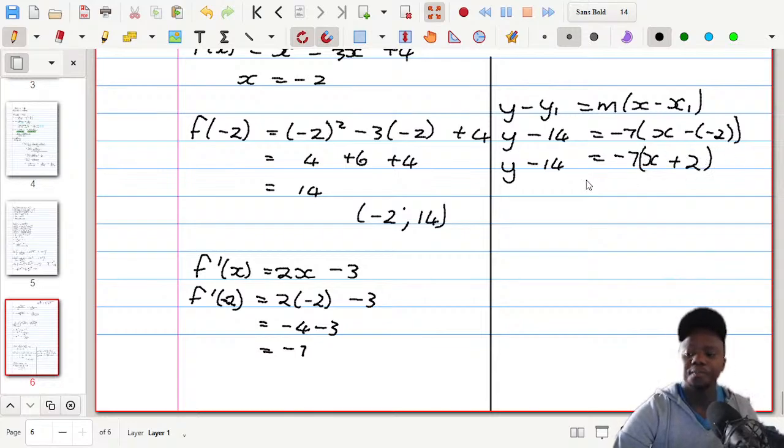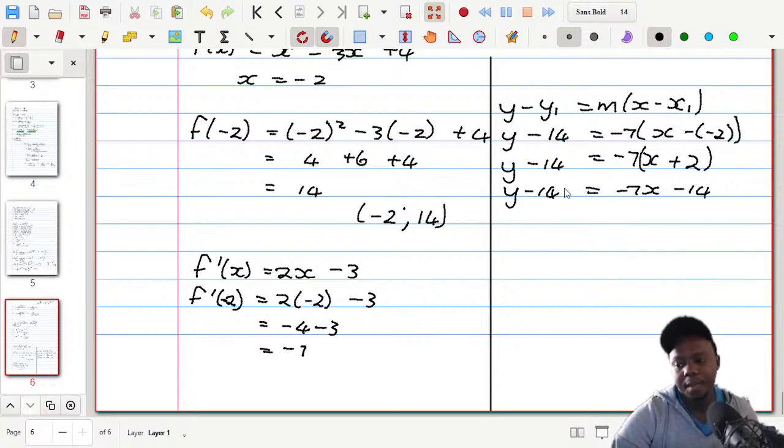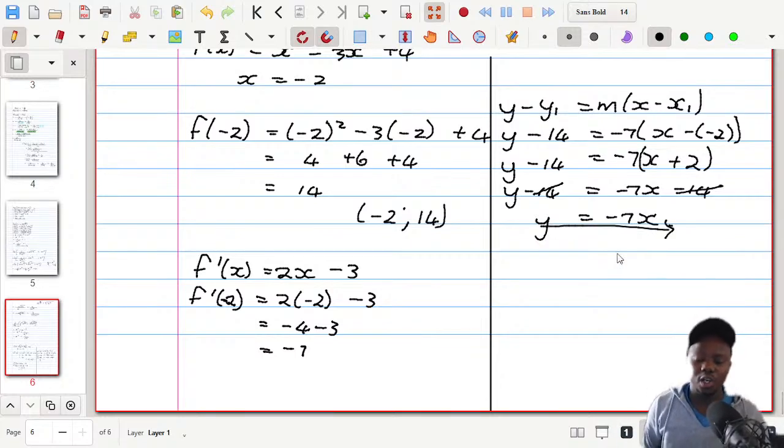You're going to get y minus 14 equals -7x plus 2, so then -7 times 2, that's -14. Moving the -14 across, they cancel out. You remain with y equals -7x. This is your equation of the tangent. Brilliant. I hope you guys are understanding it and that you find it useful.